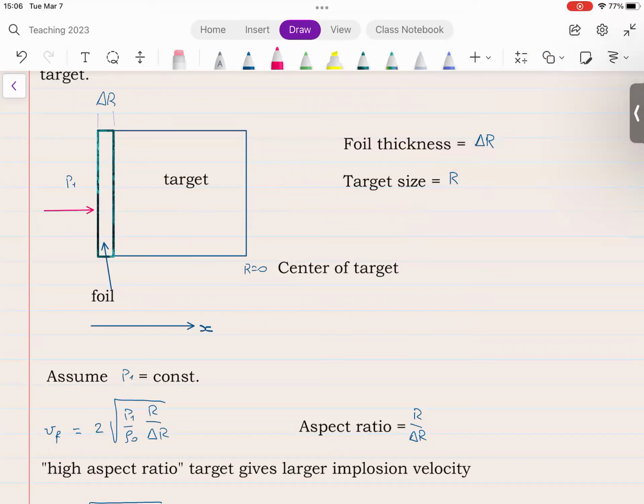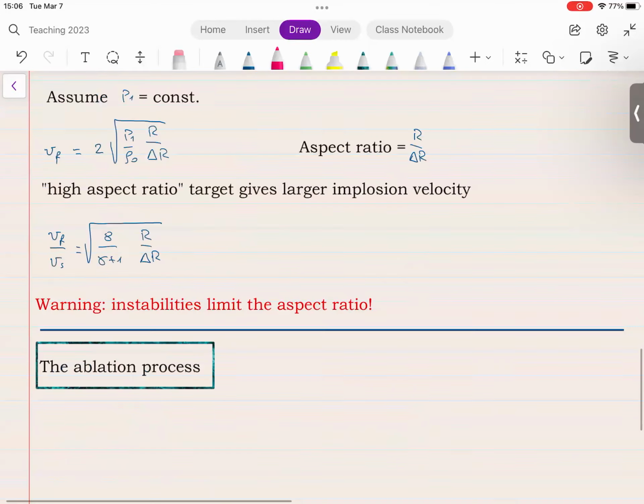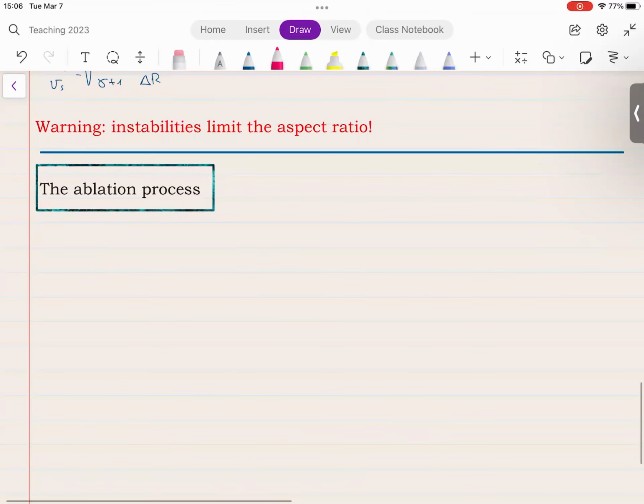And energy is deposited, the surface of the foil blows out, and if you're paying attention, you will think, well, then there is going to be velocity.